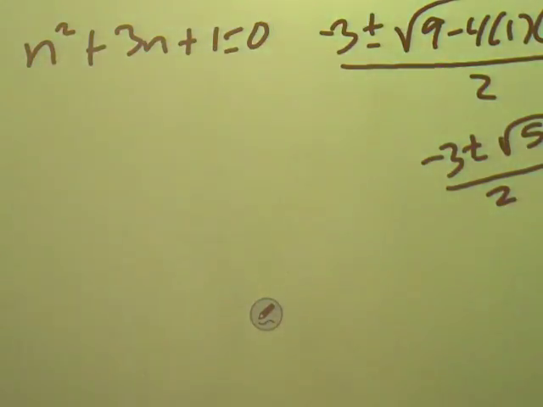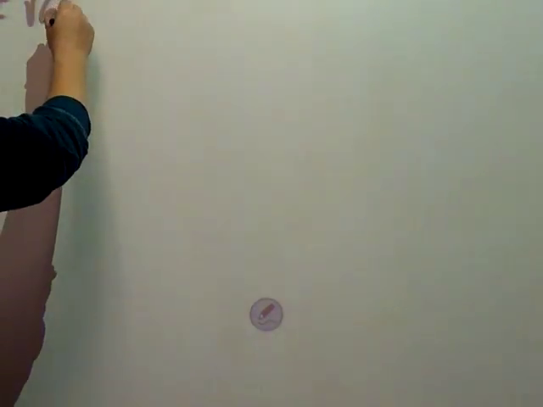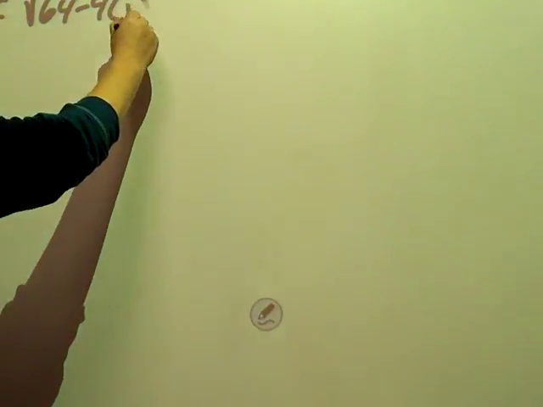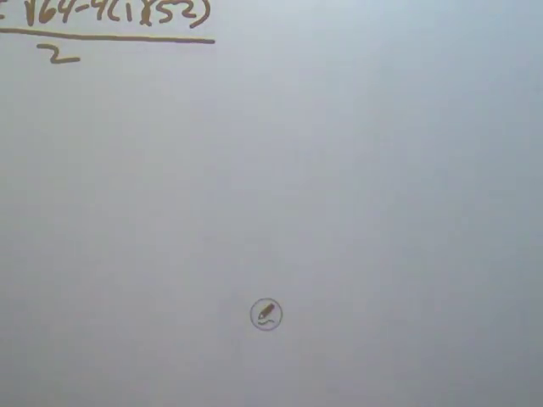All right, we're on page 3. Number 14 says find non-real, so I marked A out. A's only got real choices. Quadratic formula, negative b plus or minus the square root of b squared minus 4ac all over 2a.